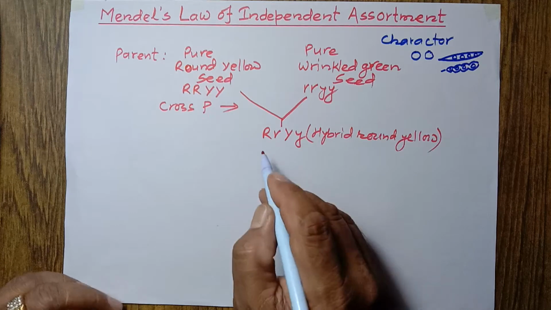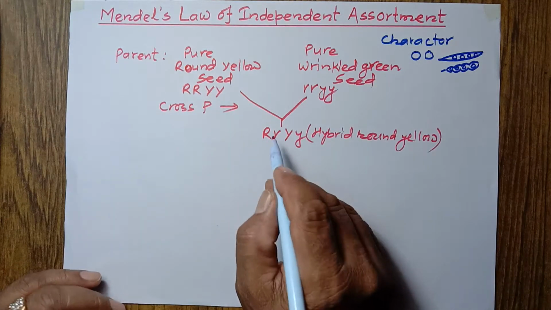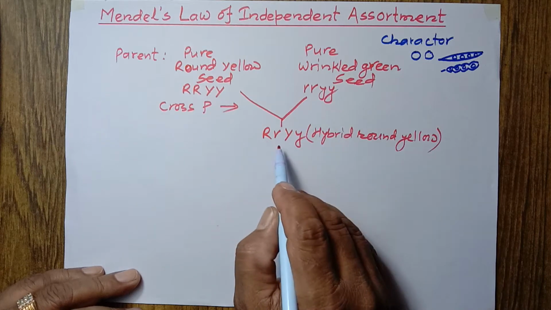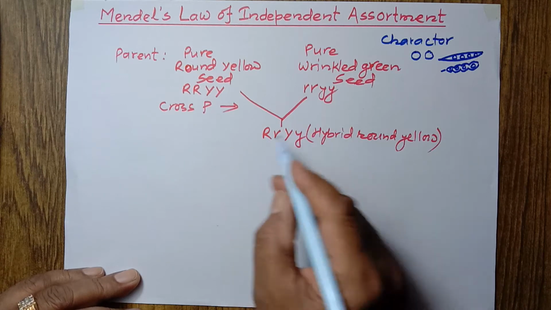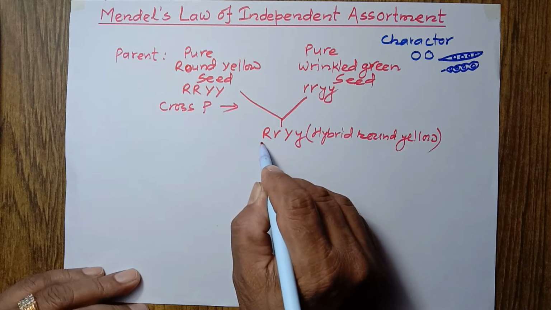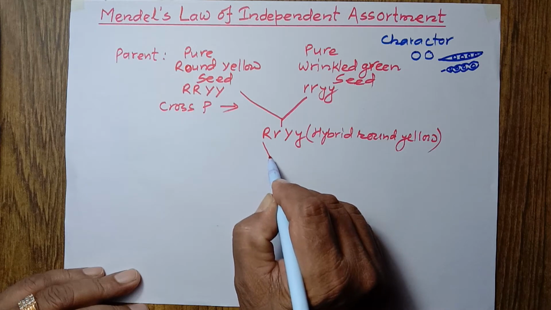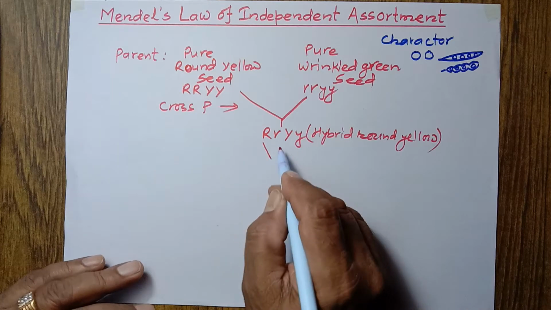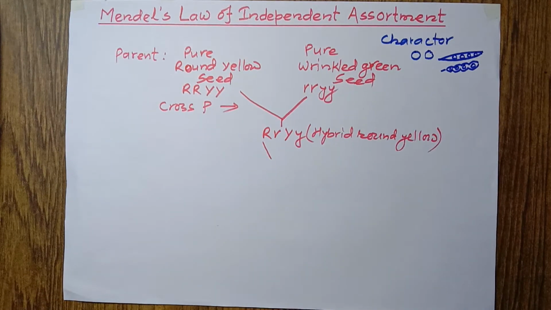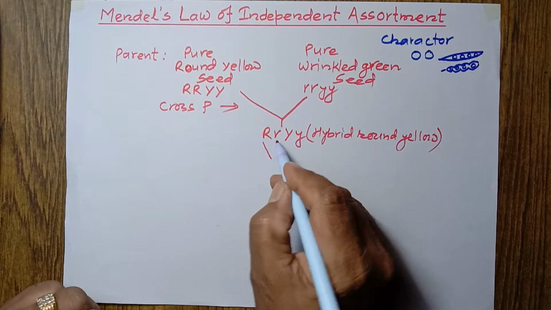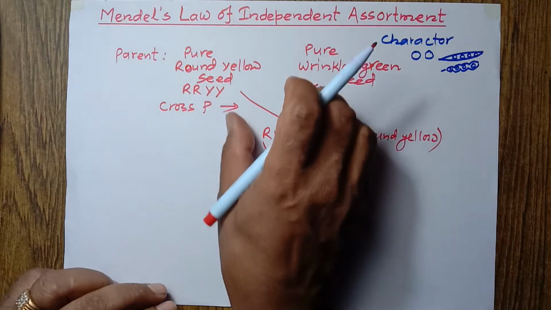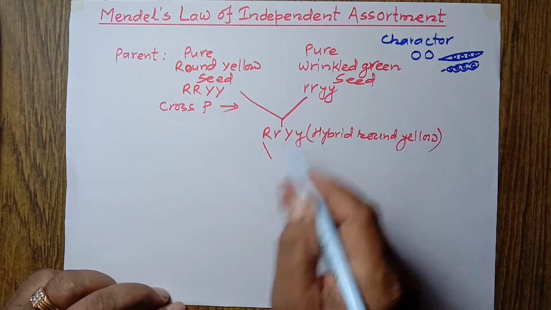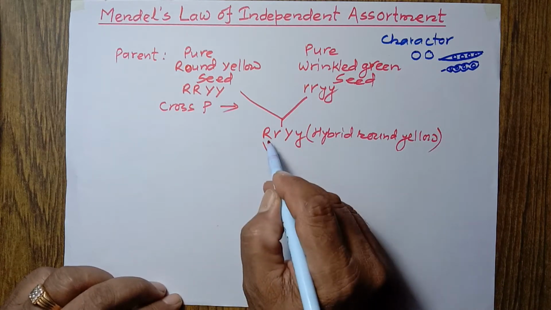Now he took this hybrid round yellow and self-pollinated it. And in self-pollination, what happened? When this hybrid round yellow is self-pollinated, we may have this type of gene, just like in the gamete.